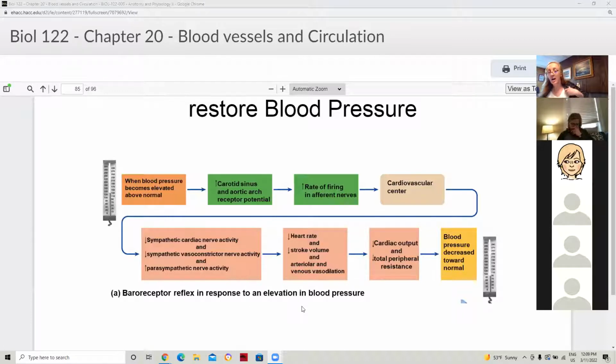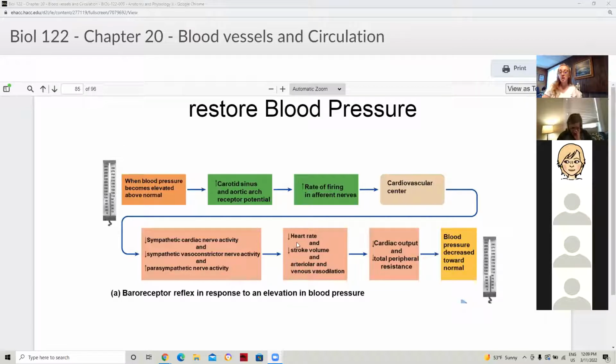Then I remembered that the sympathetic nervous system is the only one controlling the resistance of the blood vessels, their radii or diameters.